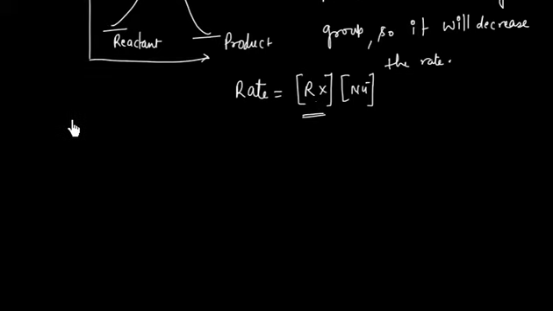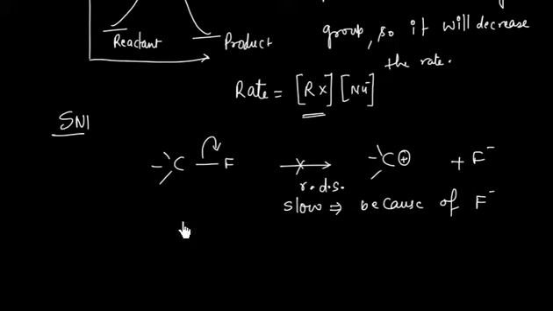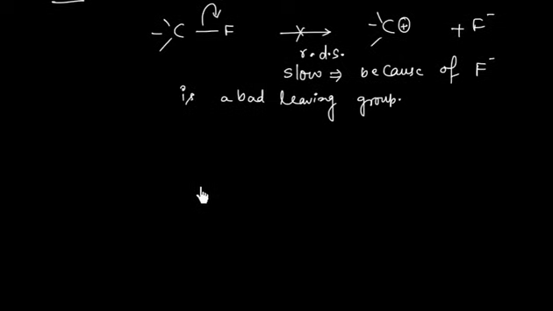Now let us say case of SN1. In case of SN1 reaction, first step is loss of leaving group, and then we have a carbocation. Now F minus is a bad leaving group, so first step is the rate determining step. So this step will become slow because F minus is a bad leaving group. Same thing we can see in terms of potential energy diagram.